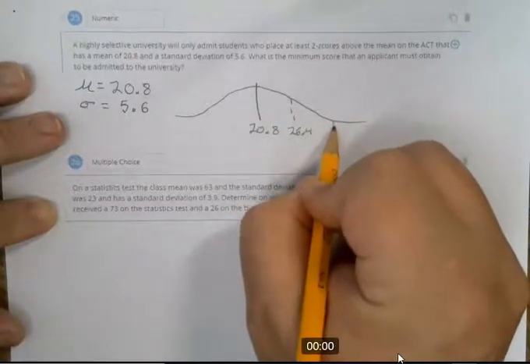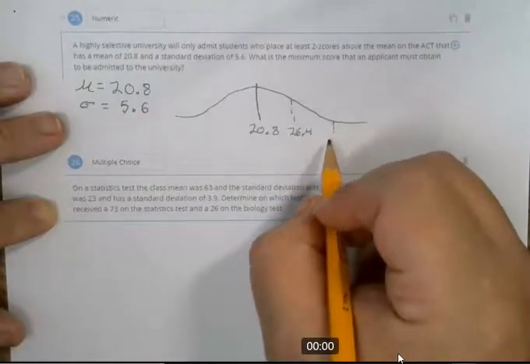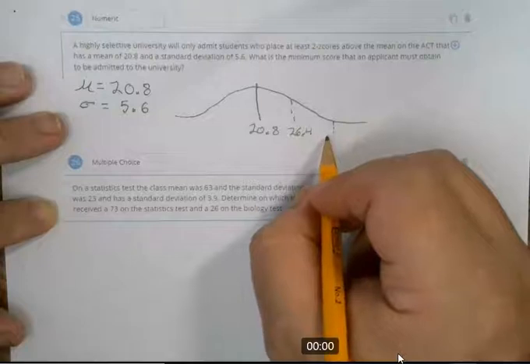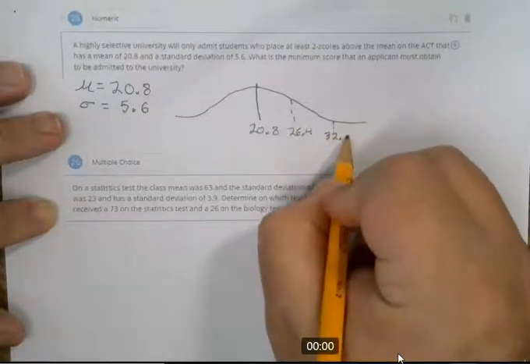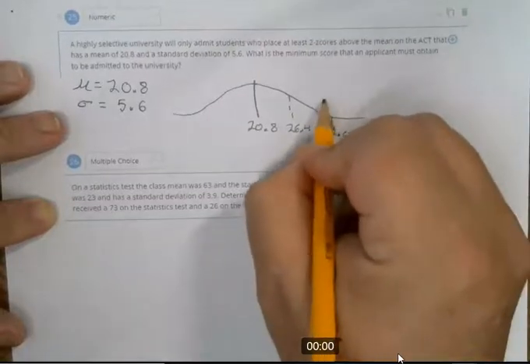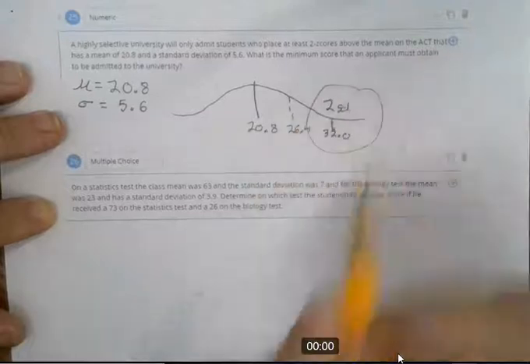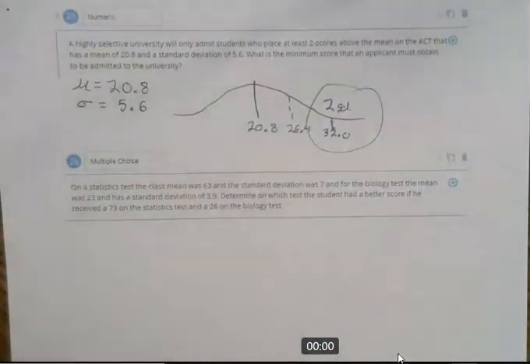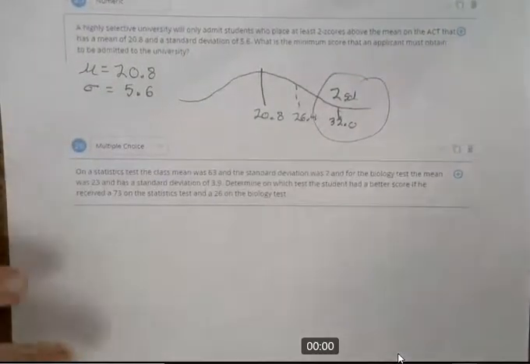And 2 standard deviations is another 5.6, so that's 32.0. So there's 2 standard deviations, which is 2 z-scores, and that's the answer right there: 32. A score of 32 or above would admit them to the university. Okay. All right. Last one.